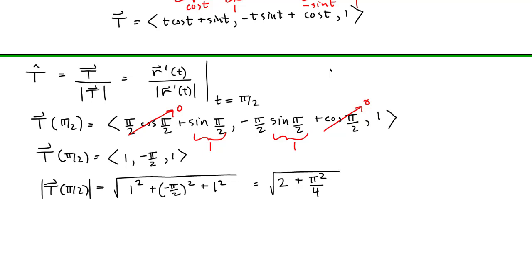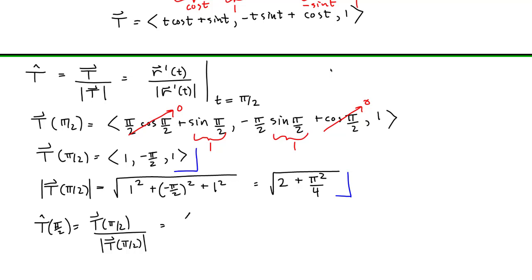Now that we have the tangent vector at pi over 2 and the magnitude of the tangent vector at pi over 2, we can now find the unit tangent vector at pi over 2. The unit tangent vector at pi over 2 is equal to the tangent vector at pi over 2 divided by the magnitude of the tangent vector at pi over 2.